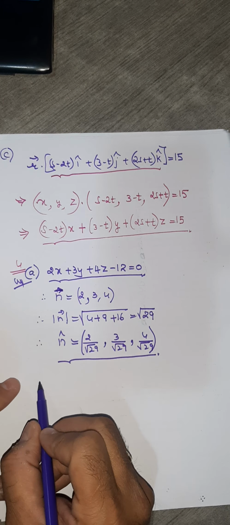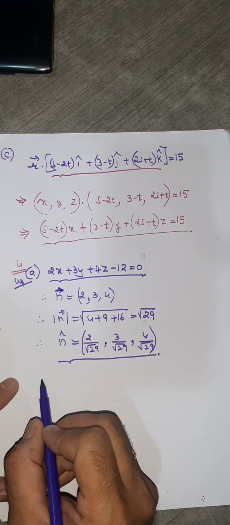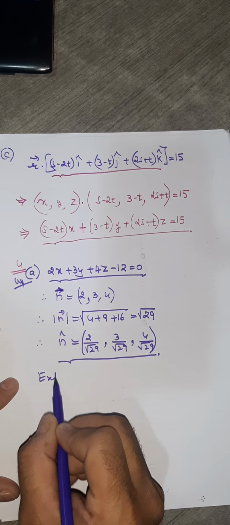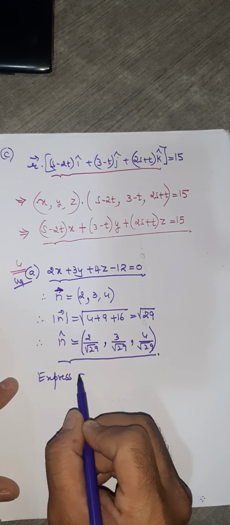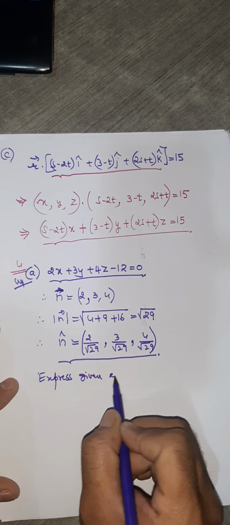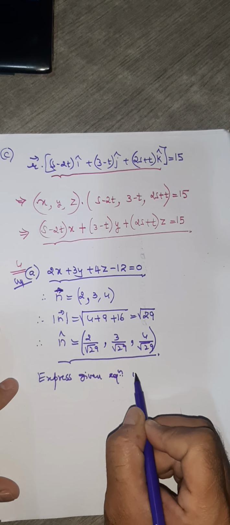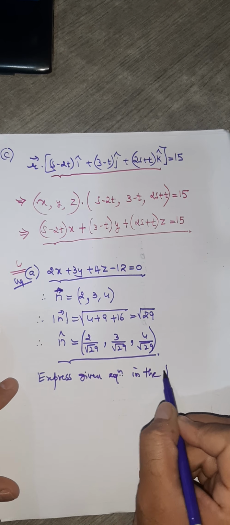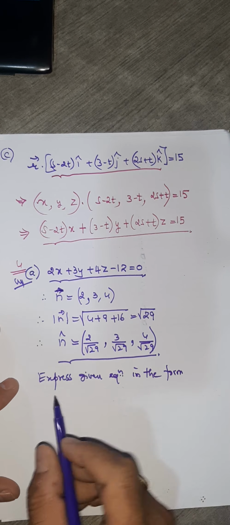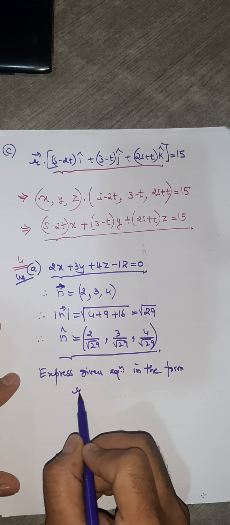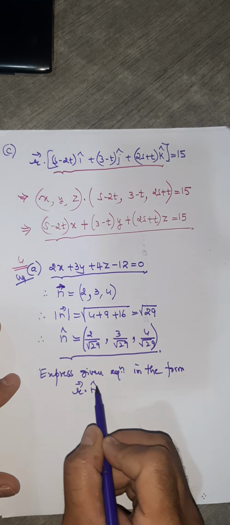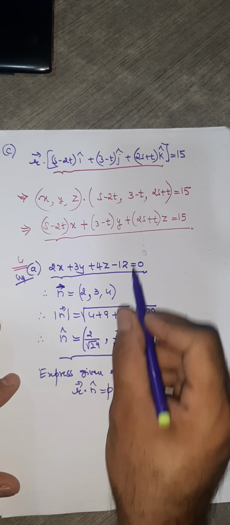Now express the plane in which form? So express the given equation in the form of r dot n cap equals p. So we'll get the p from there.